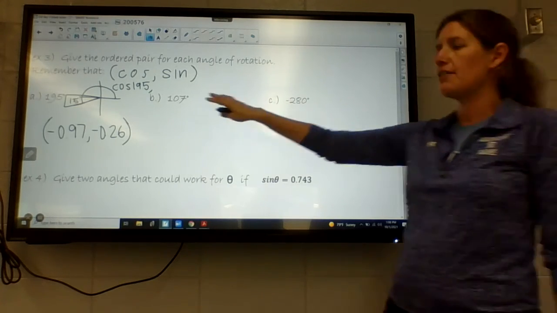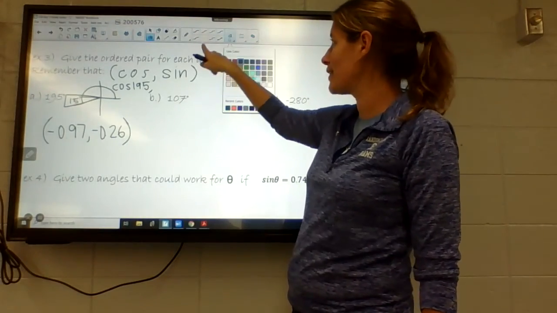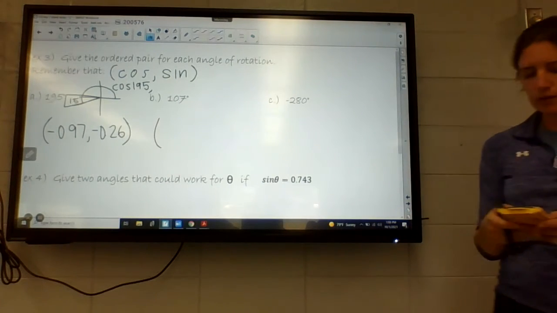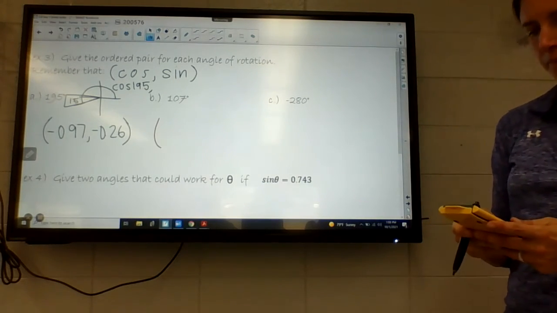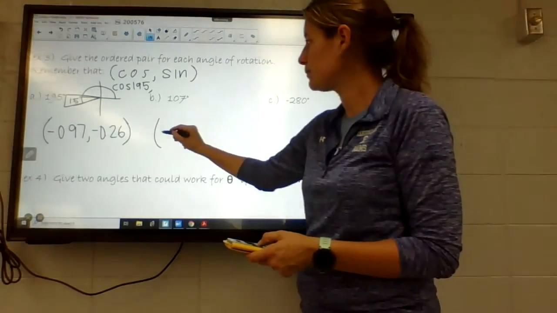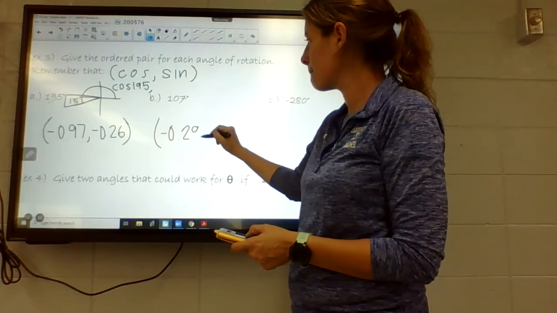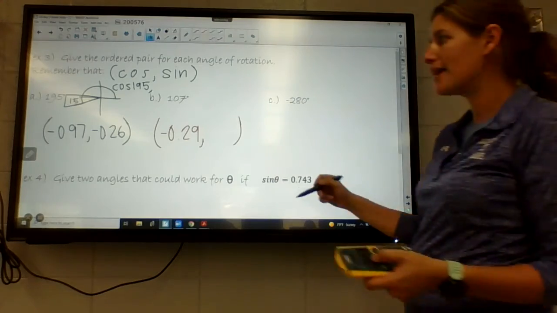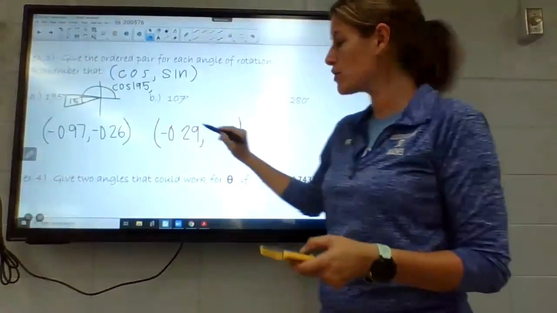So 107. If you like drawing it, you can. Otherwise, you're essentially just figuring this out each time. So you're just doing cosine of 107. Now this time sine's going to be positive, and that makes sense because 107 should be in just that second quadrant.